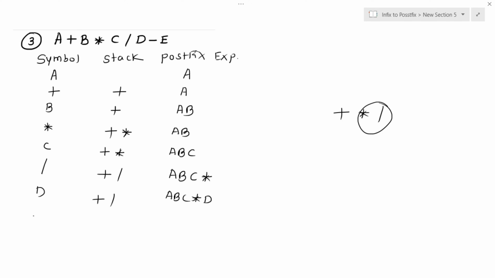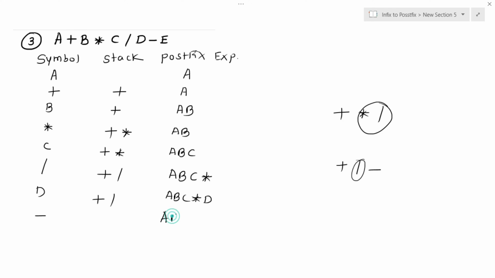Then the next symbol which comes is a minus. Okay, now if minus goes into the stack, then here division has the highest priority and minus has the lowest priority. Our rule says that the lowest priority operator cannot be placed above the highest priority operator. So to place minus into the stack, we have to first remove division.